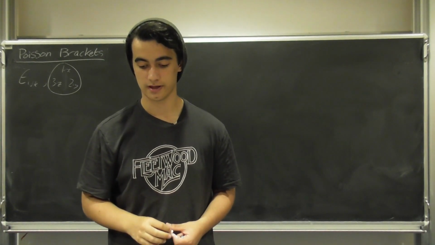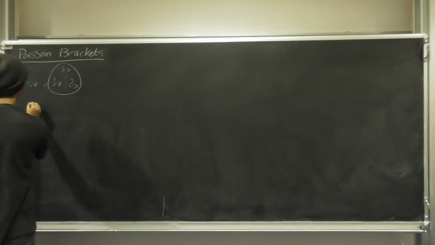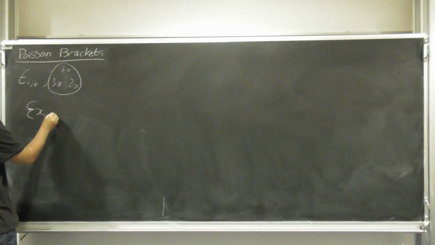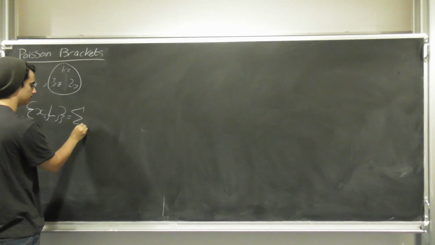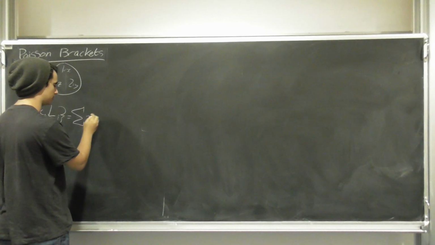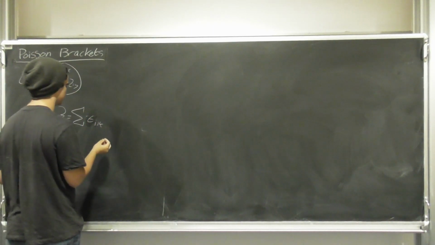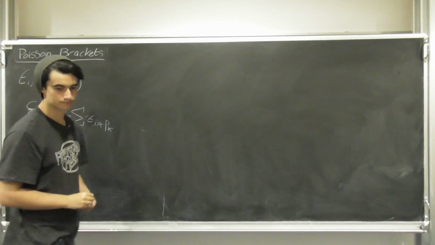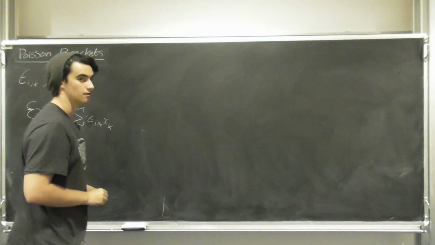So when we have, for instance, if we want to take the Poisson bracket of some x sub i with some L sub j, we'll get that this is the sum of epsilon sub i, j, k times x sub k.